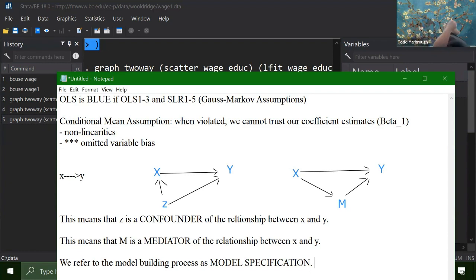Usually, we're interested in the influence of X on Y. We're not interested in the influence of Z on Y or the influence of M on Y. But we need to take their influence into account when we perform our statistics so that we can trust the estimation of the marginal effect of X on Y from a linear regression.